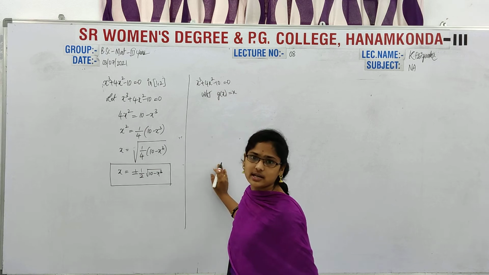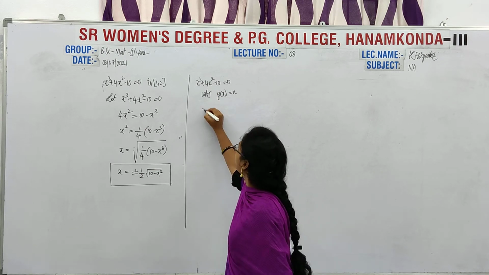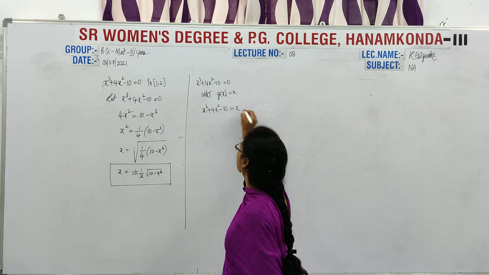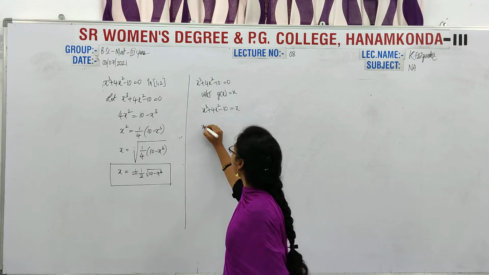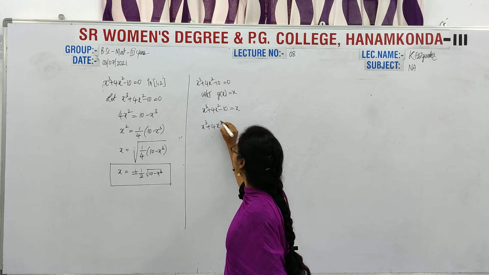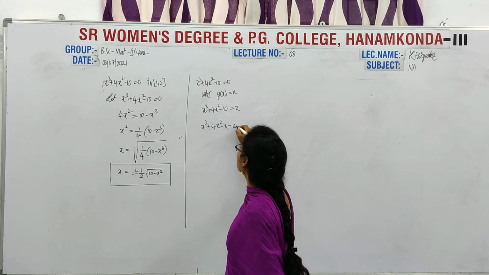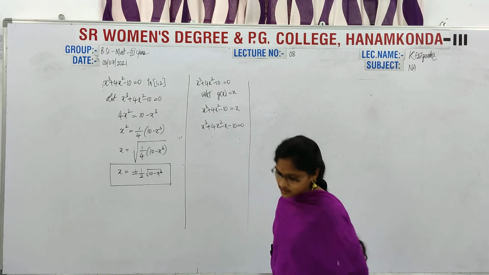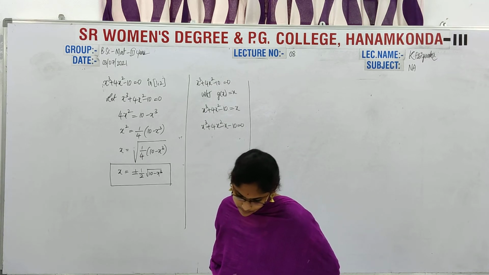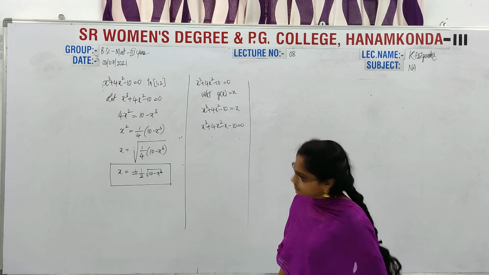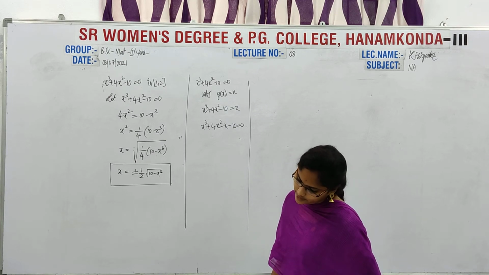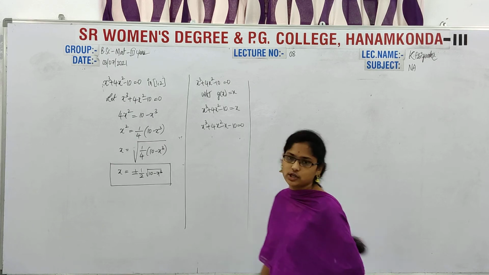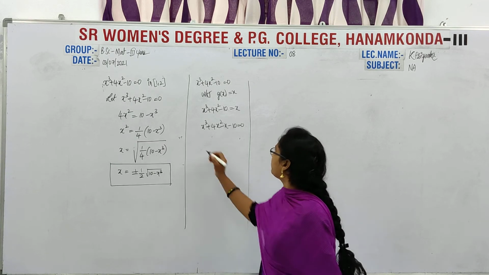Directly I am considering this as some g of x. Then what we get, x cube plus 4x square minus 10 equal to x. Okay, then x cube plus 4x square minus x minus 10 equal to 0. So this is another possibility. That's it. So this is nothing but the possibility.